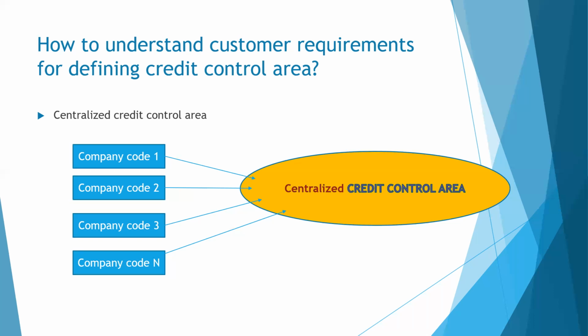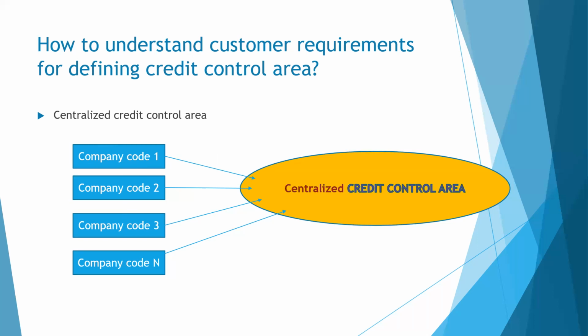Or else your finance system would like to track all customer credits related to different company codes across the world under the same umbrella view. In such cases we have to use centralized credit control area. What is the difference? If I define a centralized credit control area, I have company code 1, company code 2, company code 3, and whatever sales areas fall under them will be responsible for this credit control area.